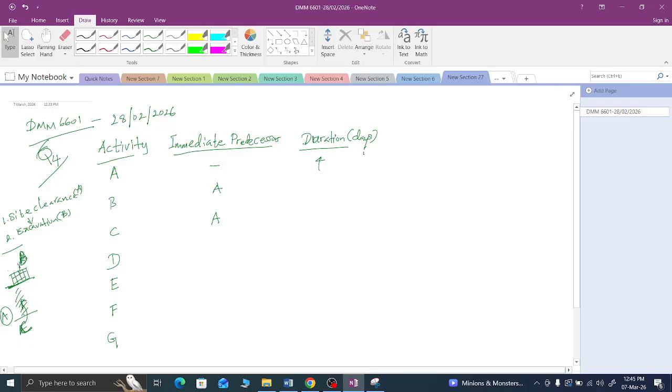Both are possible, so B and C can start after completing A. For the example, you can understand this.